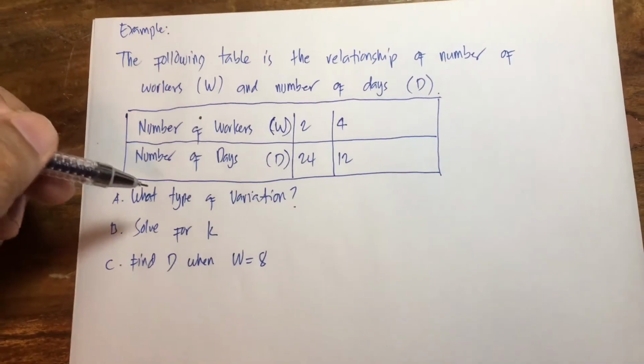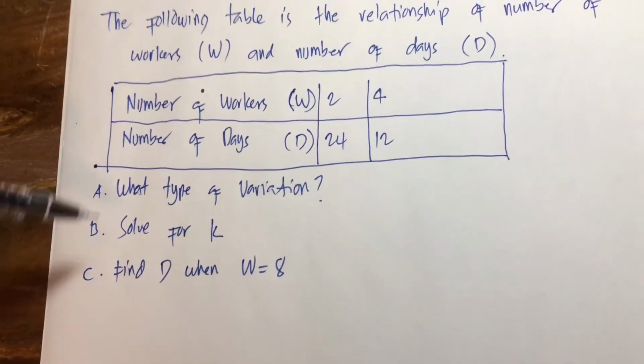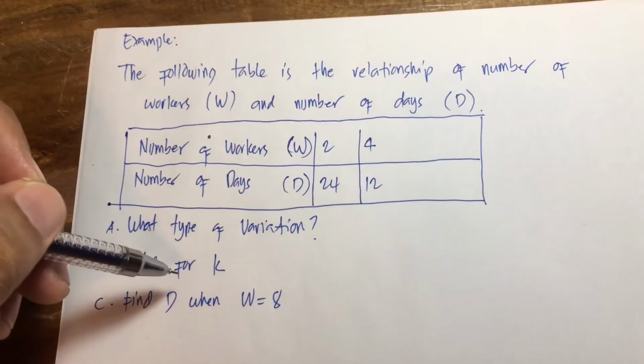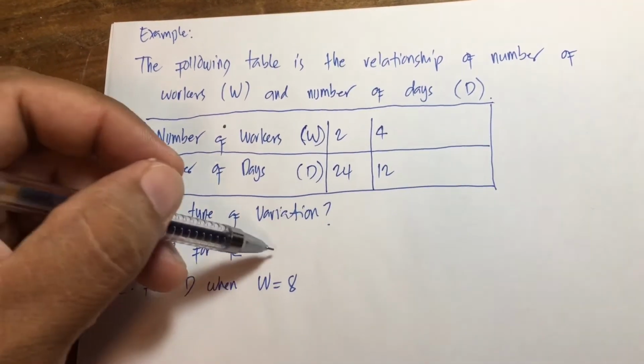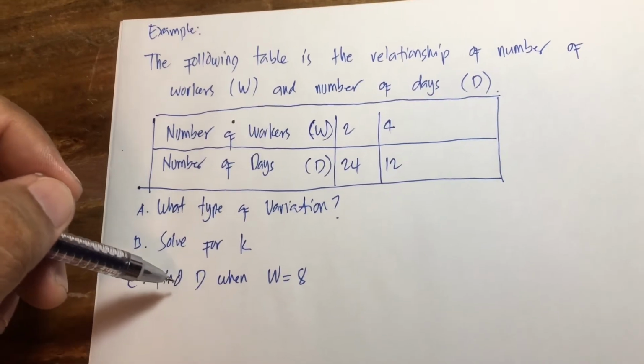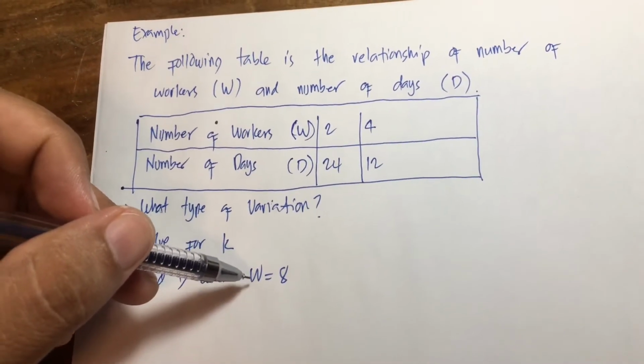We are tasked to complete A, B, and C. A, what type of variation? B, solve for k or the constant of variation. And C, find D, or find the number of days when W, the number of workers, is equal to 8.